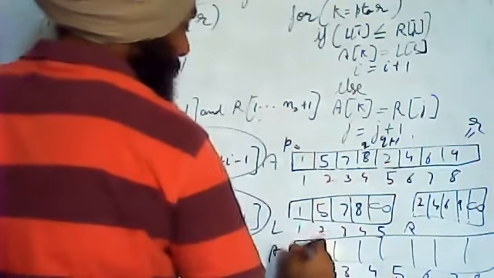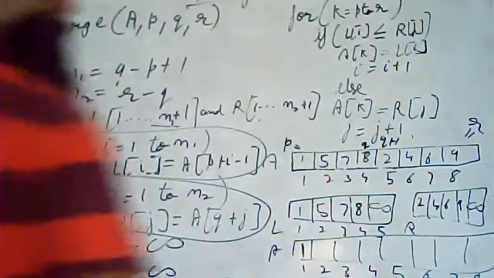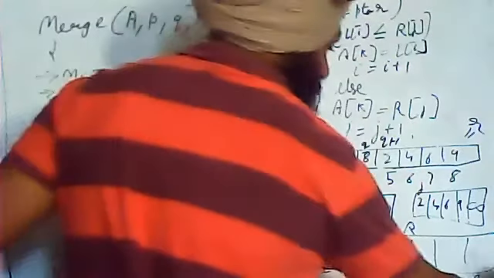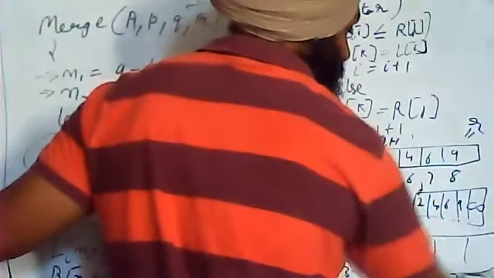This one is smaller, so it will get copied here. We'll compare this one and this one. This is I and this is J, and this one is P and this one is R.